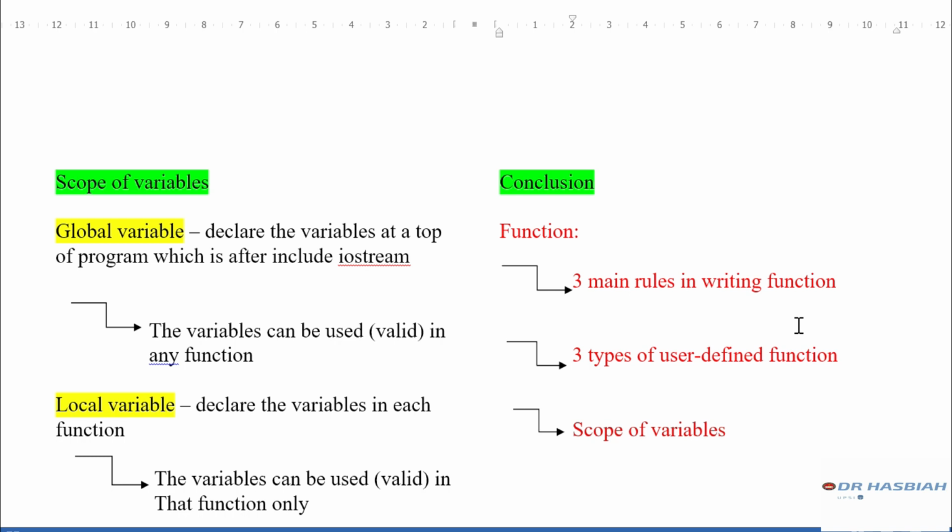And then we have the user defined function, the focus of our lecture. We have three types of user defined function. The first one, the function without parameter, and the second, the function without parameter but with the return statement, and the last one, the function with parameter.